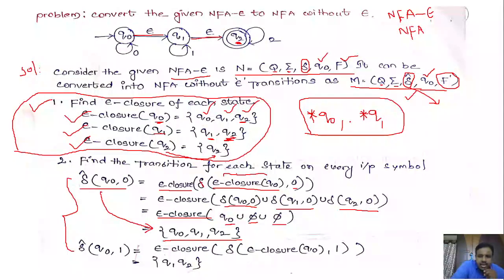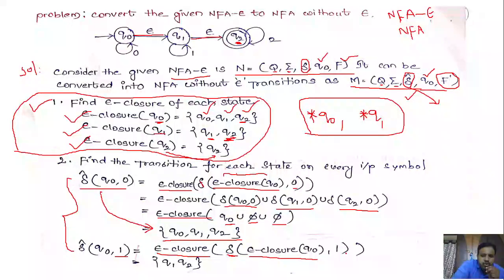Next, what is the next input symbol that we need to check? 1. So delta cap of Q0 comma 1. How do we calculate this? Write down the epsilon closure of Q0, then perform the transition on 1, and then calculate the epsilon closure. What is the epsilon closure of Q0? Again, Q0, Q1, Q2.